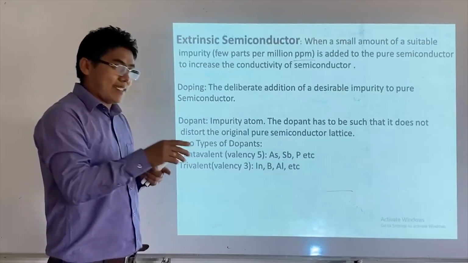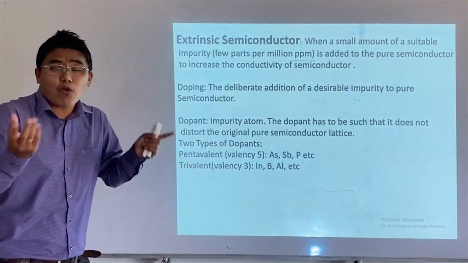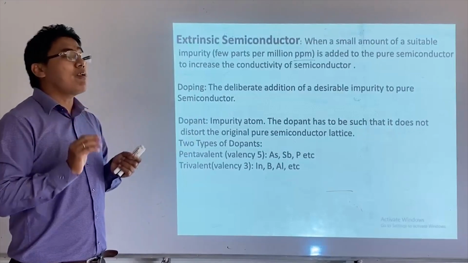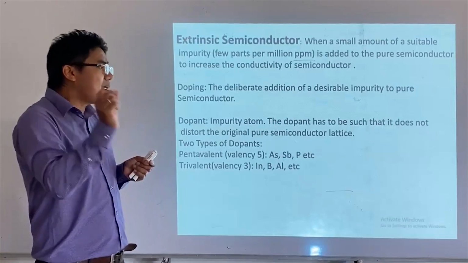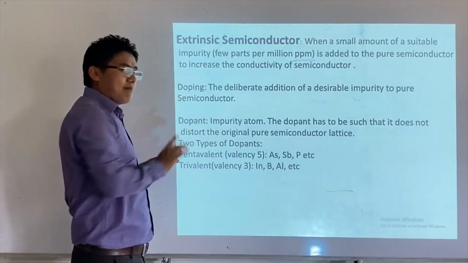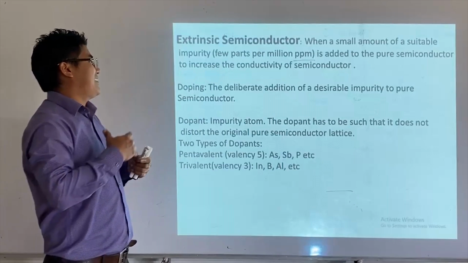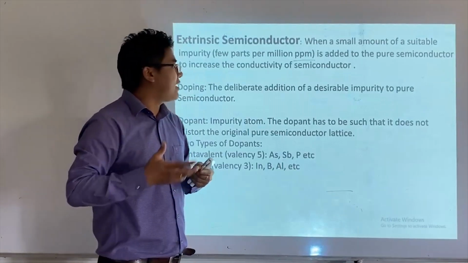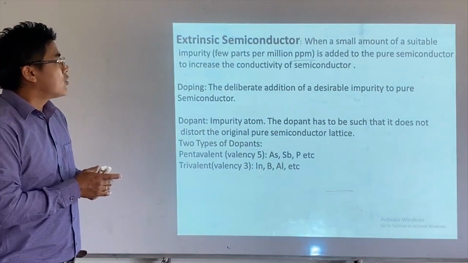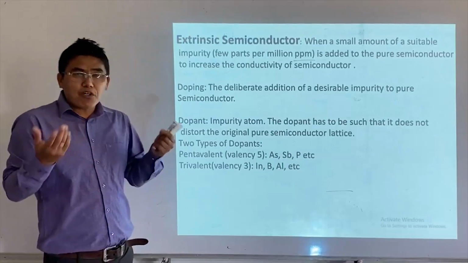Purposely we are going to add desirable impurity. We are not going to put just any kind of impurity. We are going to put desirable impurities. Deliberately we are going to put desirable impurity into a pure semiconductor. That is what we call doping. Doping is a process of the deliberate addition of desirable impurity to a pure semiconductor.